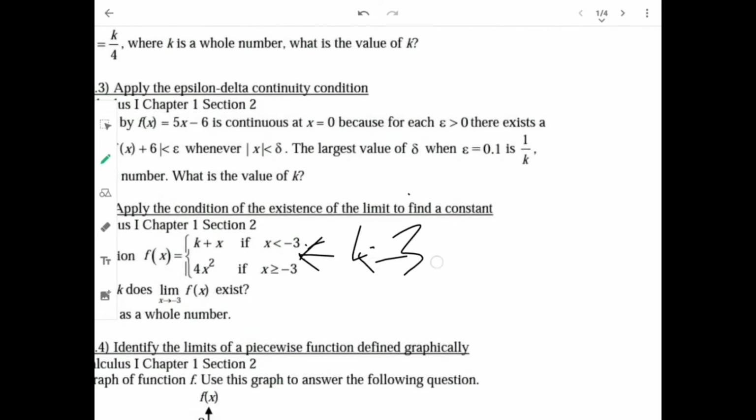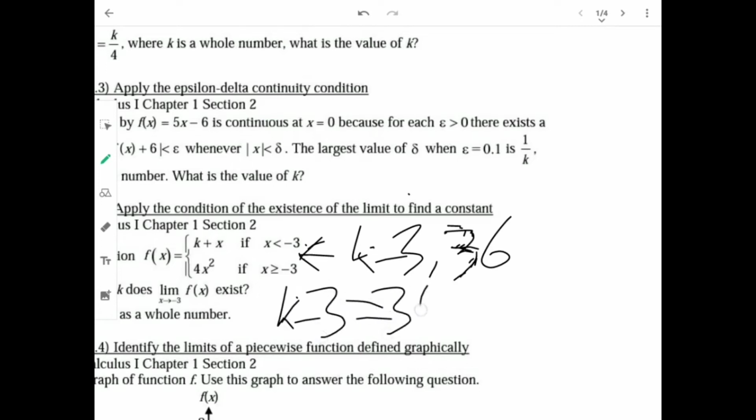But -3 from the right, it is 4x squared, so 4 times -3 squared, so 4 times 9, which is 36. So basically what I did is I equated the left with the right. So k minus 3 equals 36, k equals 39. That's the answer.